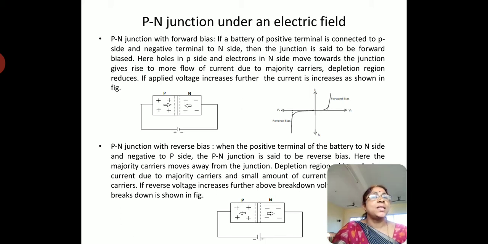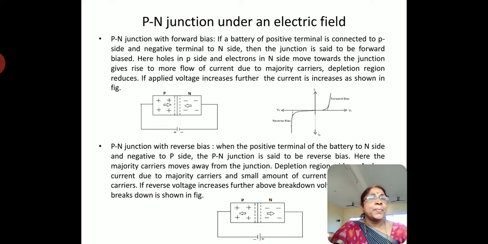Here the holes in the P side and the electrons in the N side move towards the junction, which gives rise to more flow of current due to the majority carriers. Due to this, the depletion region reduces. If the applied voltage increases further, the current increases as shown in the figure. So this is the forward characteristic.